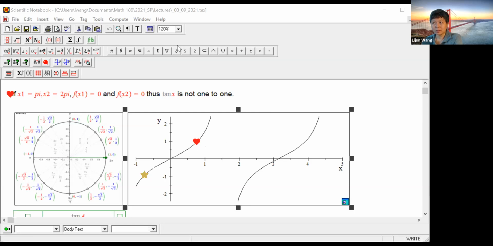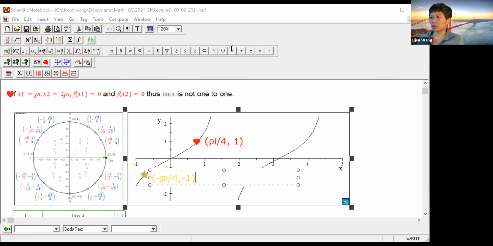So this point is pi over 4. That's the angle, and the ratio is +1. And the star, let me change the color. It's negative pi over 4, and the ratio is -1.